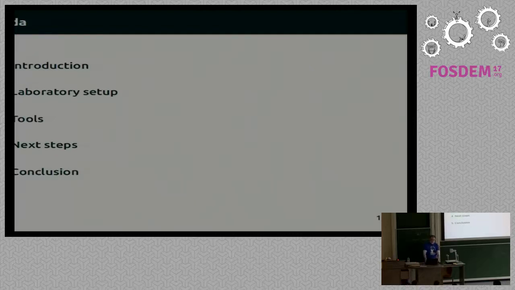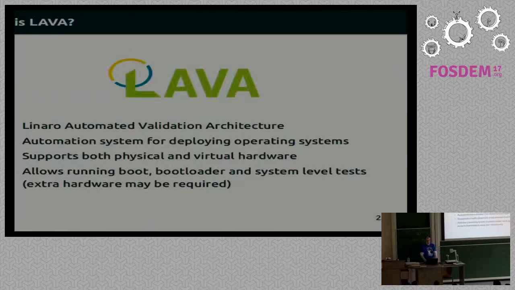So what Lava actually is? Lava stands for Linear Automated Validation Architecture, and serves as an automation system for deploying operating system on not only embedded Linux devices, but also any kind of emulator or virtual device.